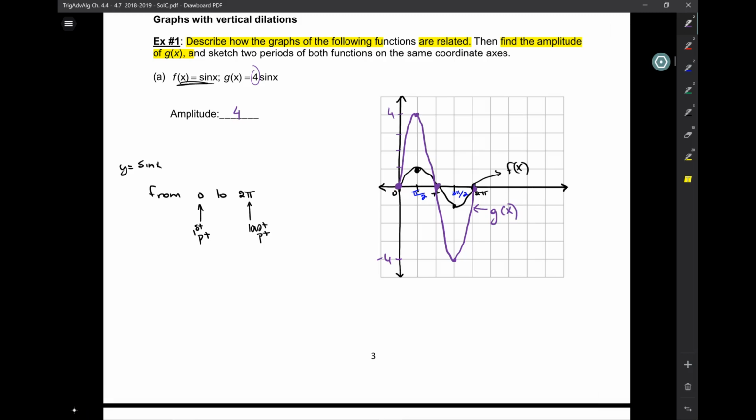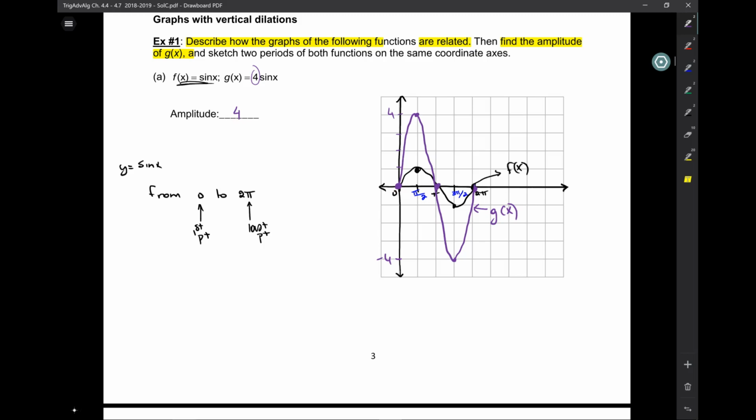Most of the time, you'll be graphing only one function, so it'll be easier to tell them apart. Now, here's what I want to draw your attention to. The only thing that changed between f and g is the amplitude, nothing else. That means the location where the graph is a maximum is the same.